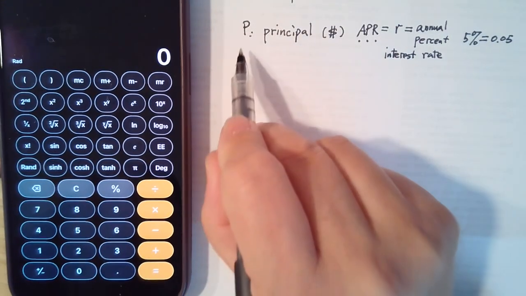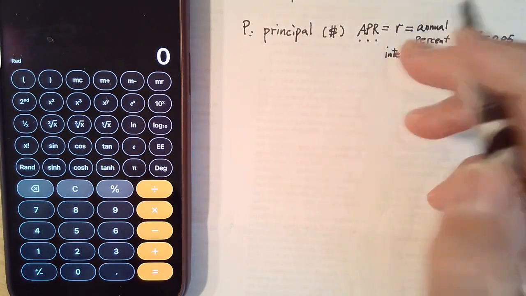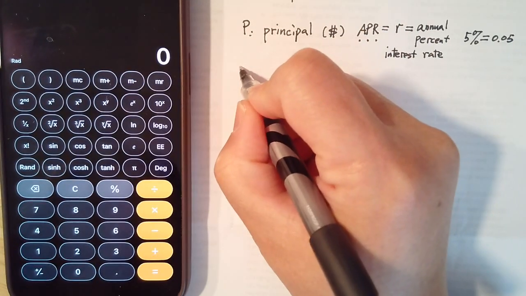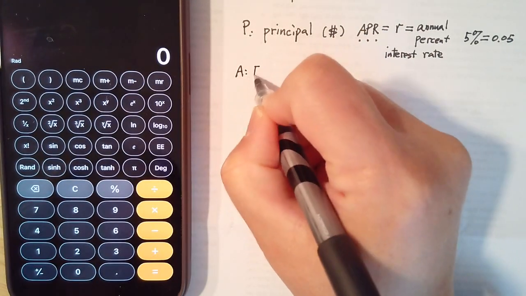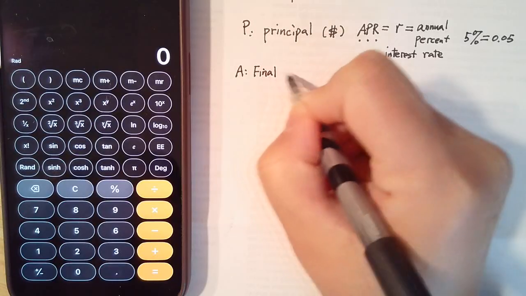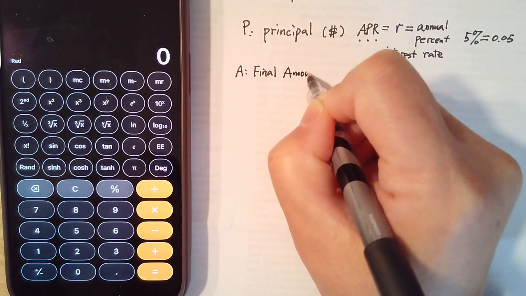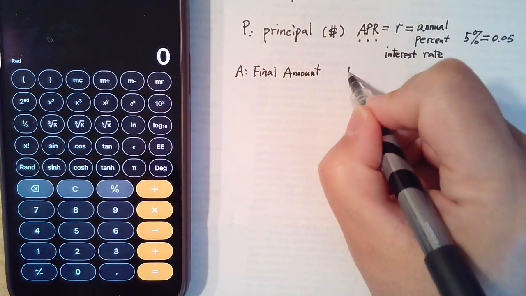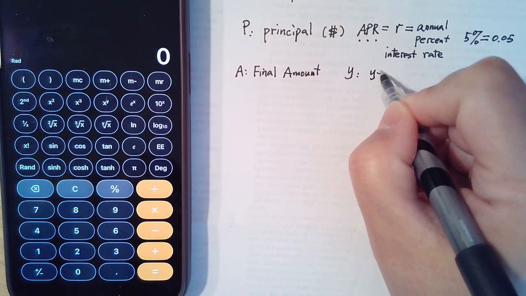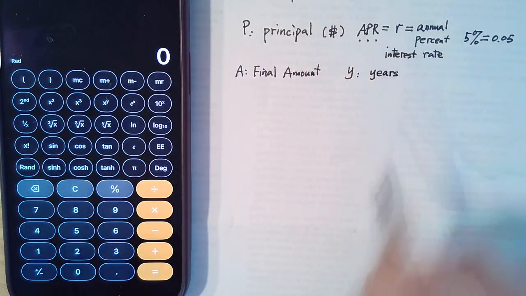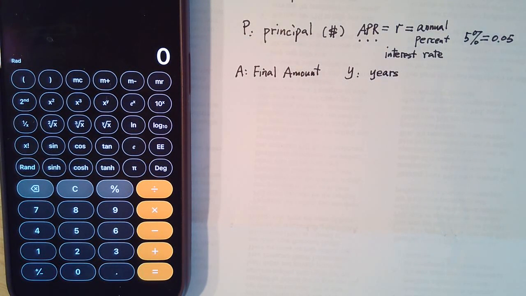Okay, so that's P, that's APR. And what we're looking for is the A, the final amount after Y years. That's the time in years that you put your money in the bank.